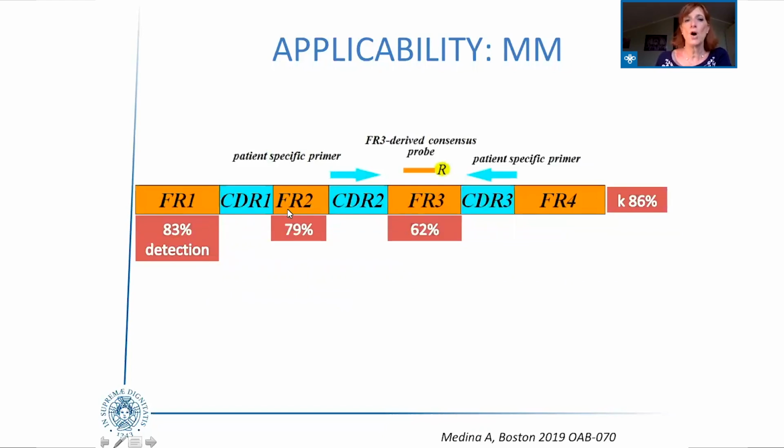If we use only framework 2, about 80%, only 60% when we use only framework 3. When the authors used all these frameworks and added also light chain rearrangement, they had 100% of successes.